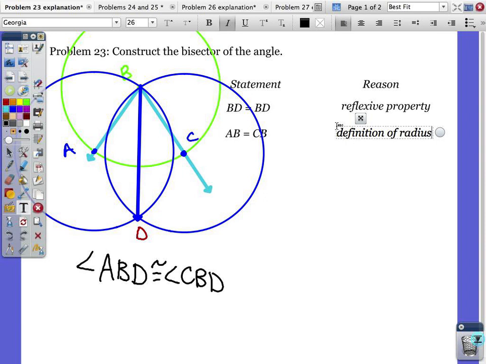There's another one, right? Yes, there's another one. AD is congruent to CD because of the radii of congruent circles. AD is congruent to CD, and your reason is they are radii of congruent circles. You could also say definition of radius here if you wanted to.